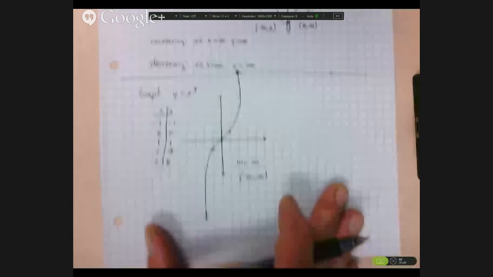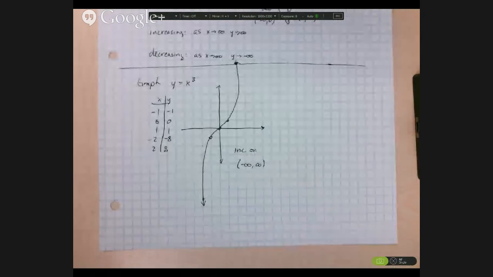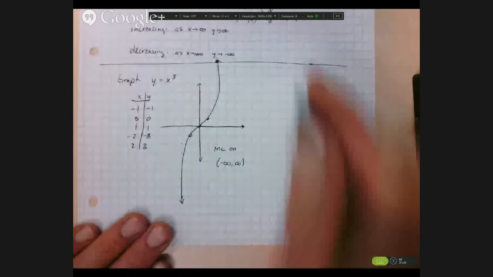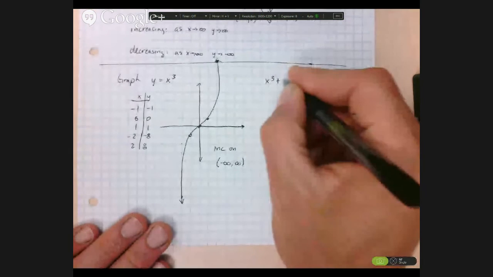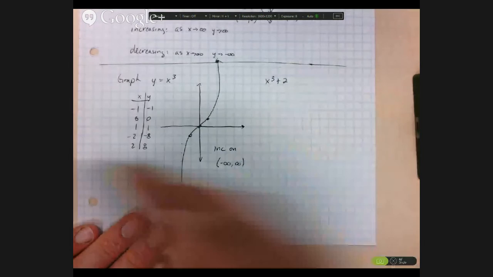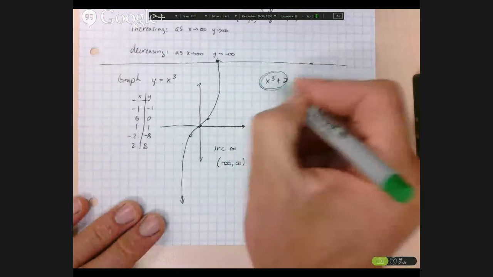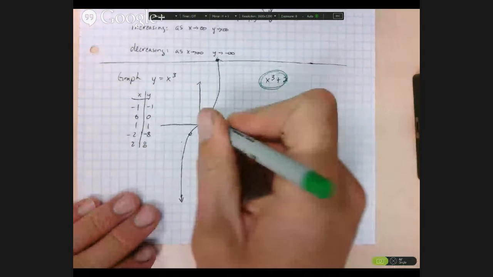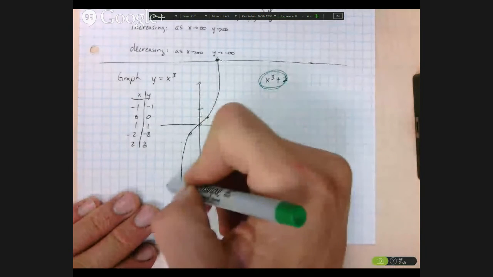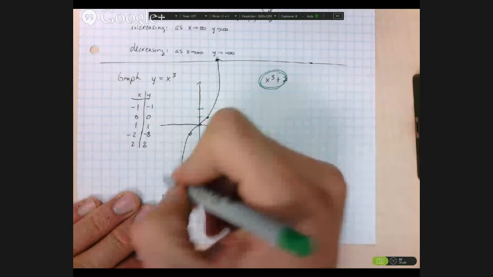Alright, so graph. Now, what if I wanted to translate that graph? X cubed plus 2. Alright, let's do this in green. Okay. Well, x cubed plus 2 moves it all up.